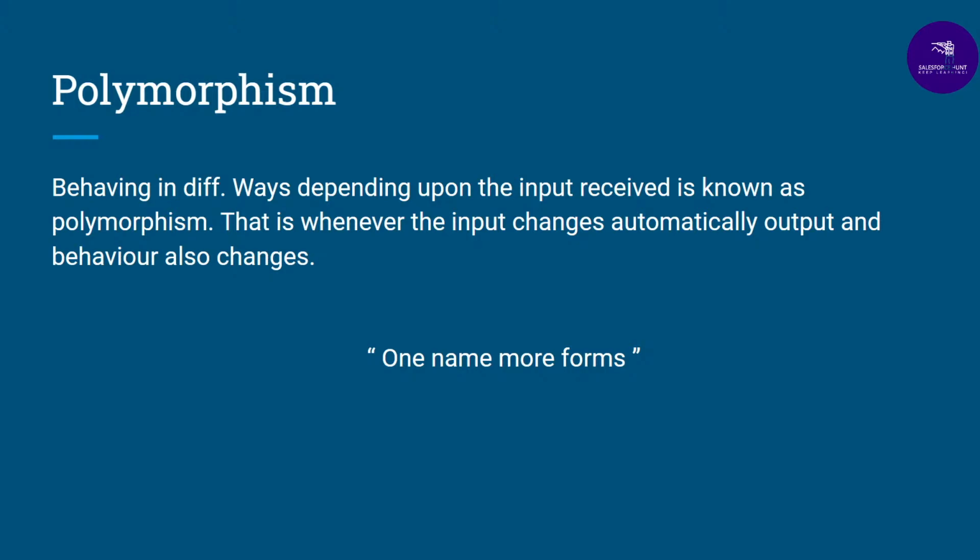Suppose you want to take some inputs from your parents. It totally depends on one name, morph. You can define one name and different types of behavior on particular things. Whenever the input changes, the output or behavior also changes.